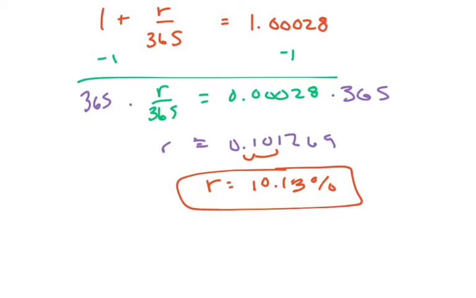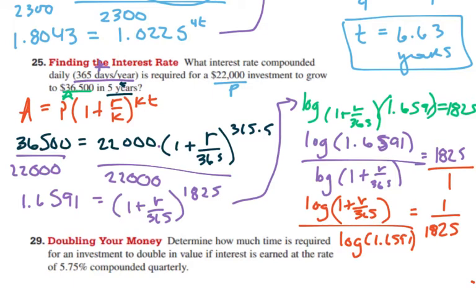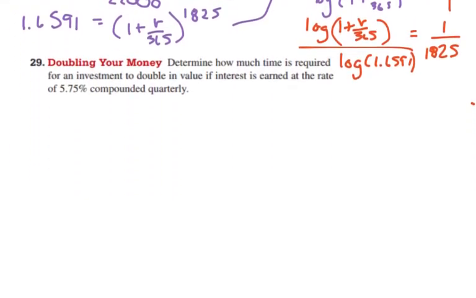So that's the percentage that we need in order to get our investment of $22,000 to be $36,500. That was icky. If you found another way, please let us know.